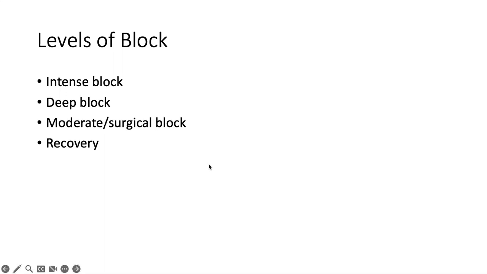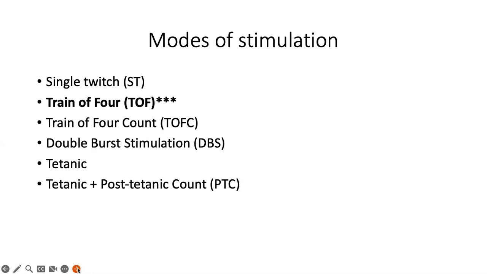Maybe it's neurosurgery, which is microscopic surgery where the surgeon cannot afford for the patient to move. Otherwise, the whole operation will be compromised. In that case, you'd want an intense block. But most of the time, we prefer to have a surgical or deep block.